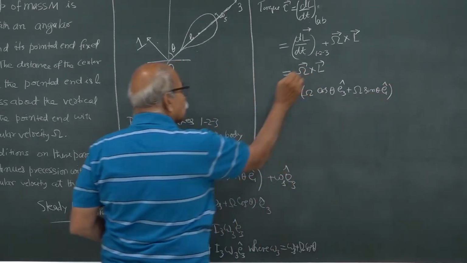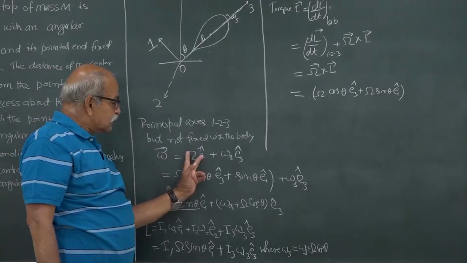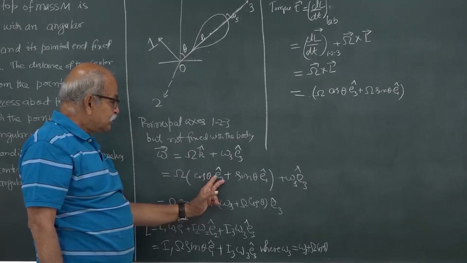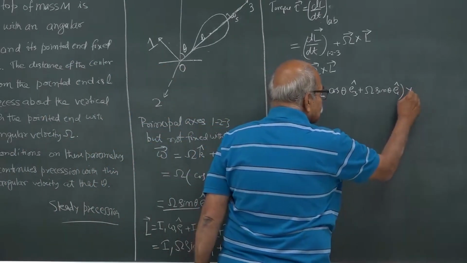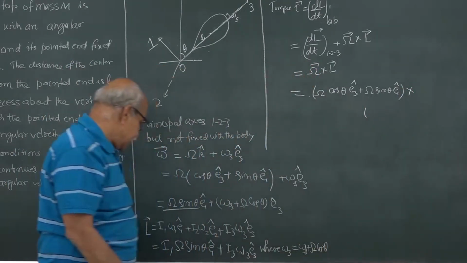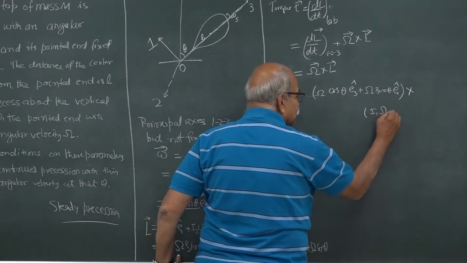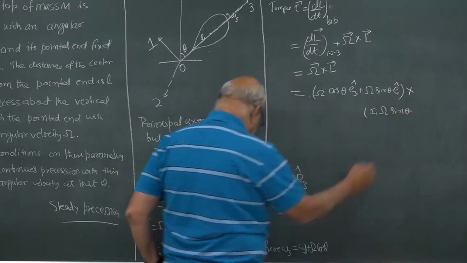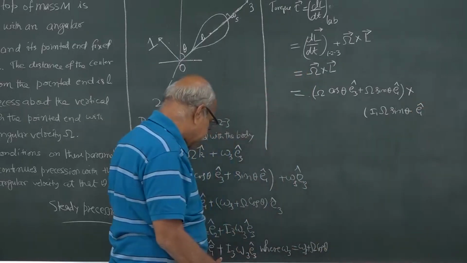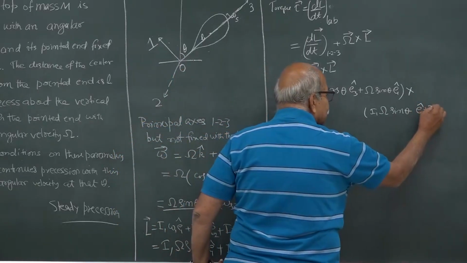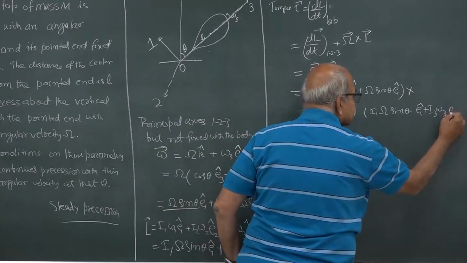Okay. This omega is just omega in the k cap direction, and omega in the k cap direction we have already written: Omega cos theta E3 cap plus Omega sin theta E1 cap, cross with what? Cross with L, that is I1 capital Omega sin theta E1 cap plus I3 omega 3 in the E3 cap direction.